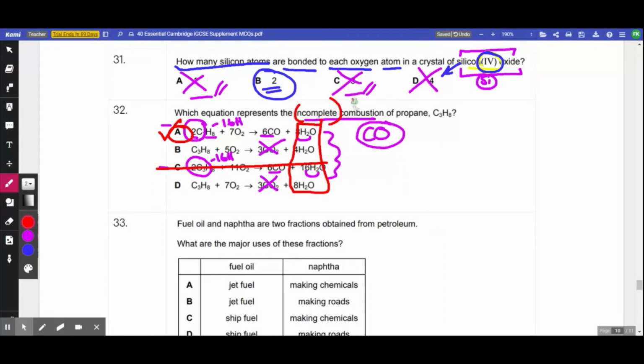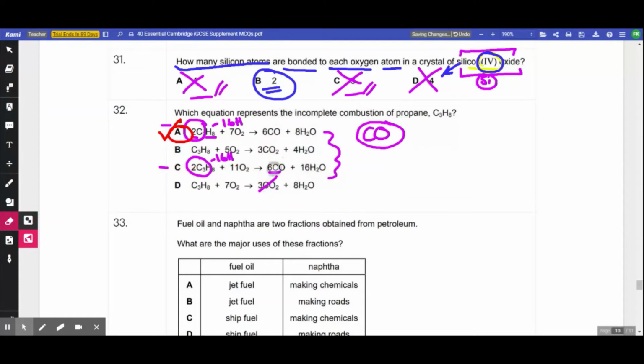So always check very, very carefully to see if the question is asking you about complete combustion. If it is, then you need to give carbon dioxide, and if it's not, it's carbon monoxide.